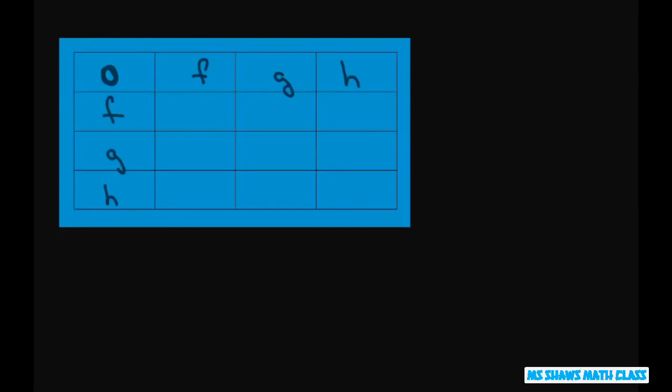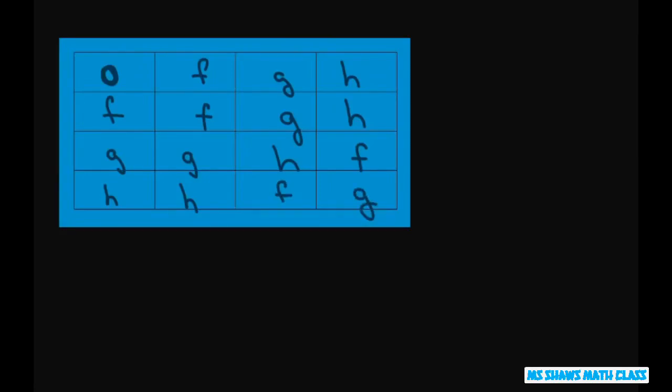So we already know when we compose f with f, we've got f. f with g gives us g, and f with h is h. And the same thing goes down this way. And then for this, we need g of g gave us h. g of h gives us f. And then we have f and g here.